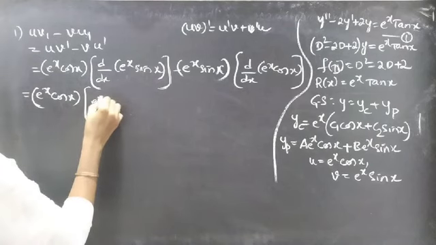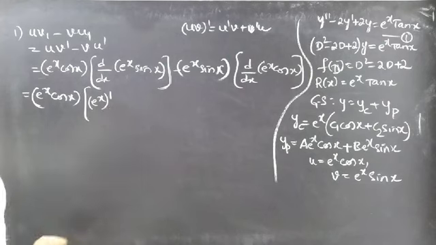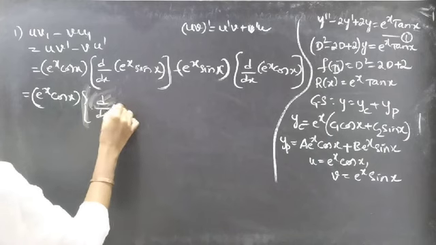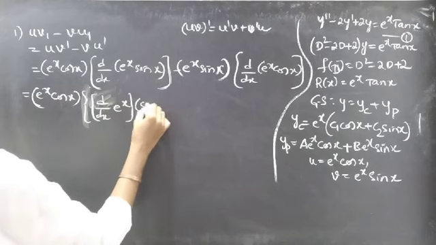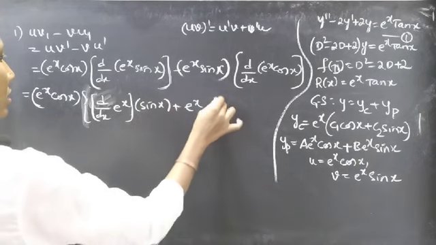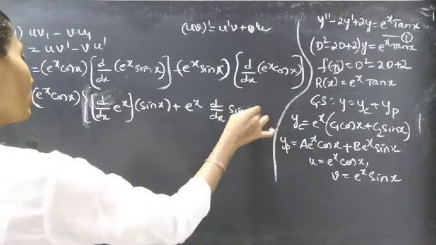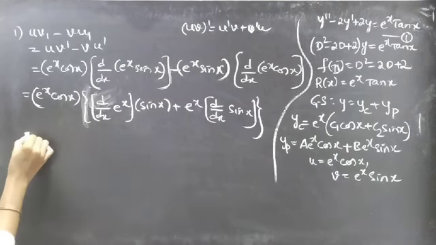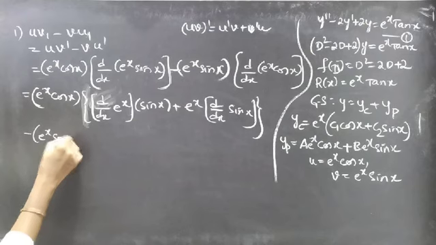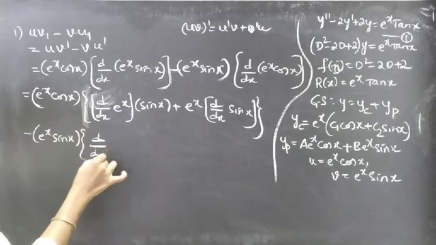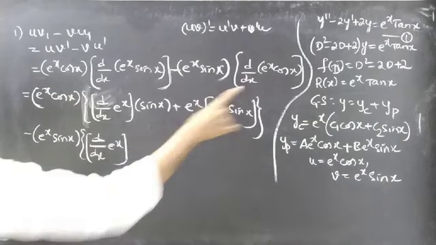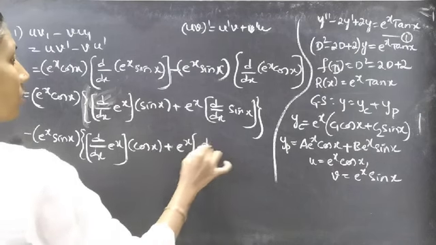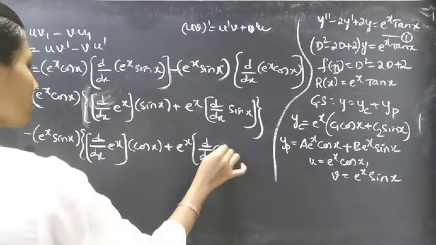Okay, we'll get e power x whole dash, or d by dx of e power x with respect to x into sin x plus e power x into d by dx of sin x with respect to x, minus e power x sin x into derivative of e power x with respect to x into cos x plus e power x into derivative of cos x with respect to x.